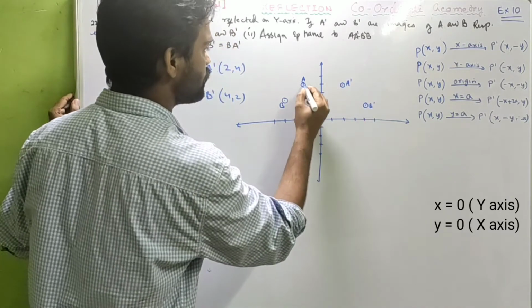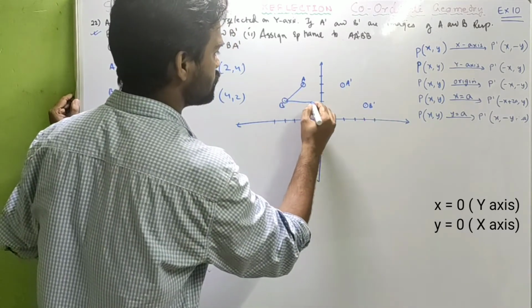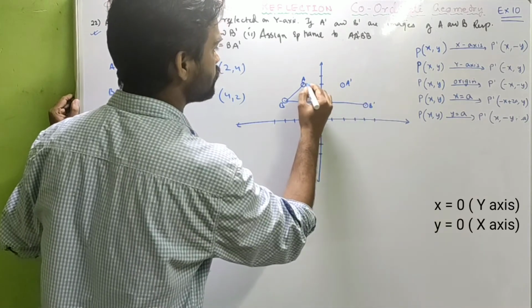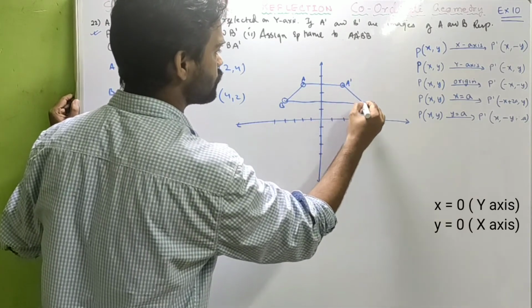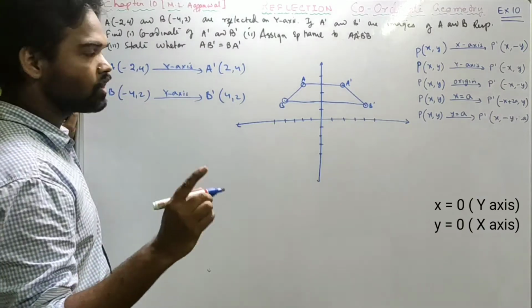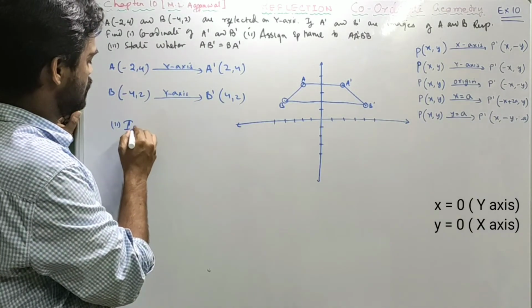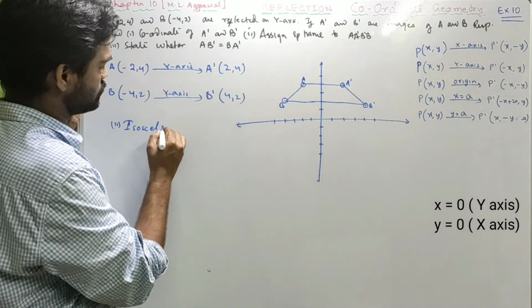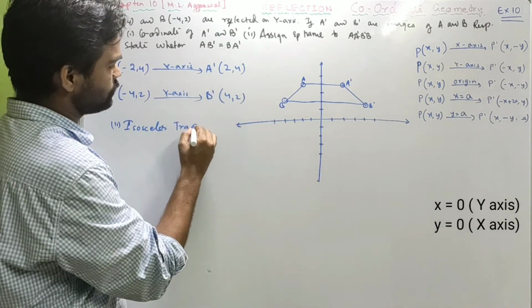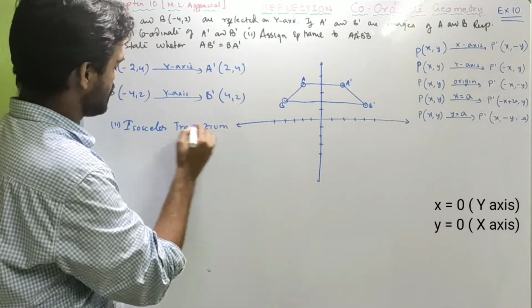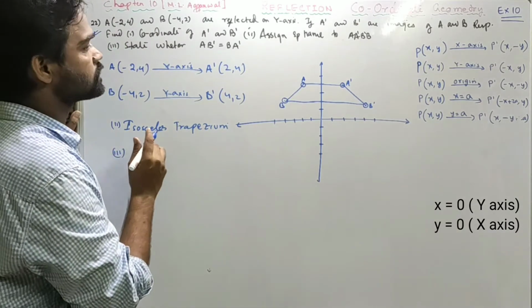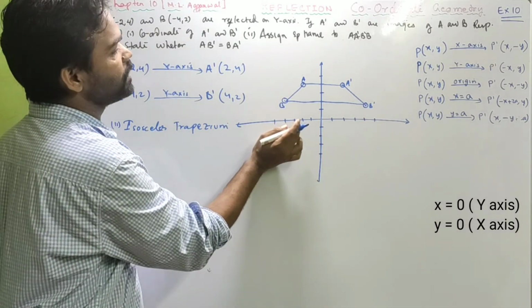So when you join them, if I'm not wrong, you're getting an isosceles trapezium. What are you getting? Isosceles trapezium, isn't it?